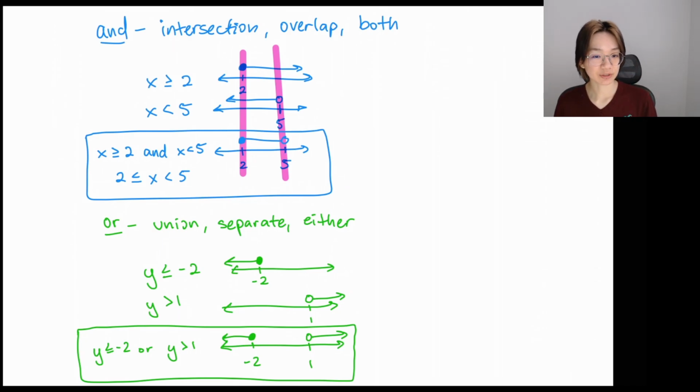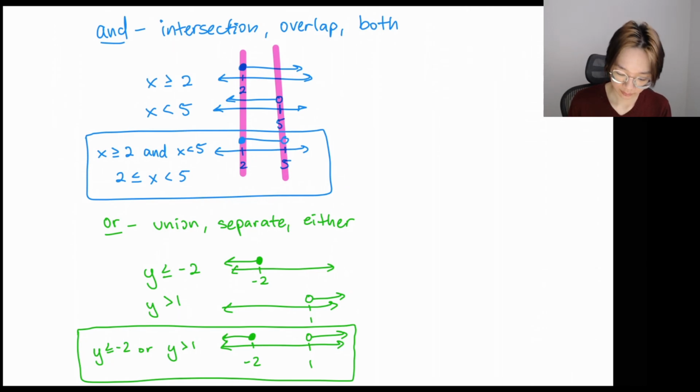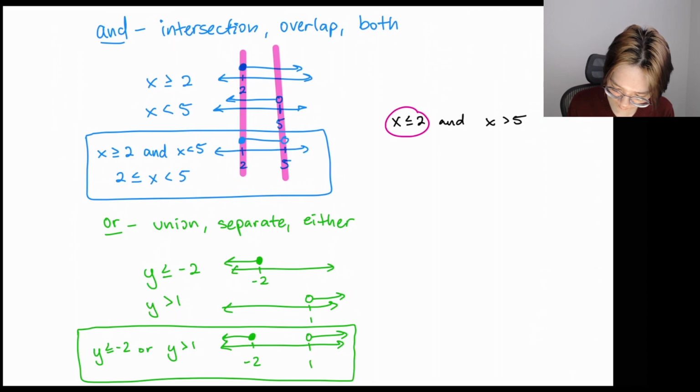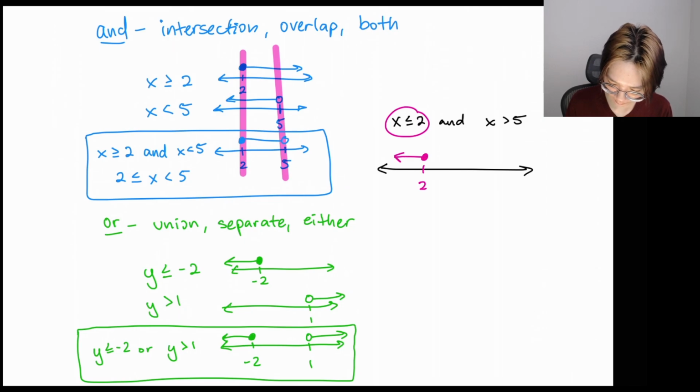Some special cases, just real quick to address. If, for example, we had something like this, where it was x is less than or equal to 2, and x is greater than 5. What happens if we try graphing that? Well, let's see, we have a line right here, graphing this one at 2, closed dot, goes this way.